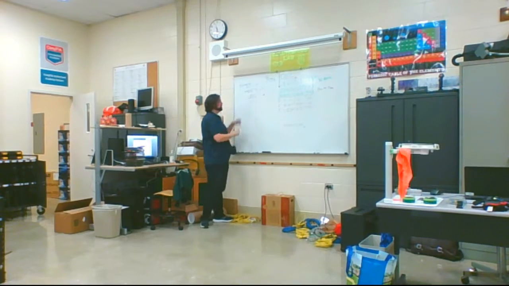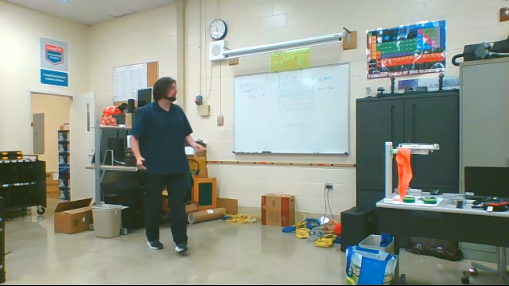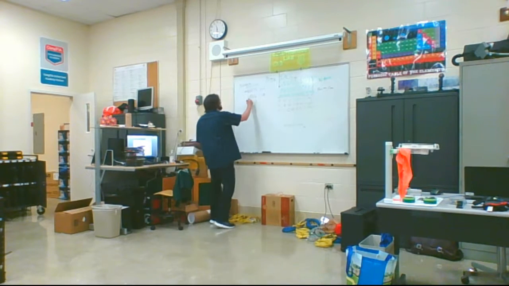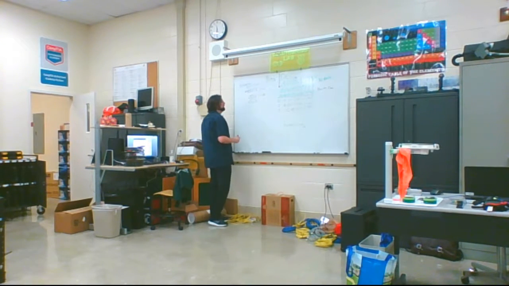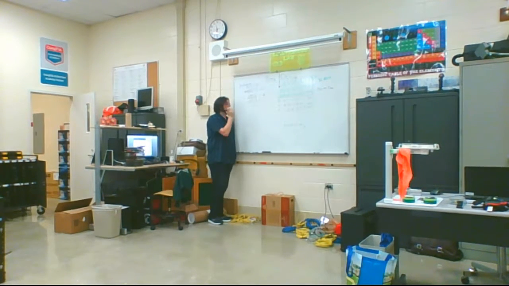There is no remainder. Okay? What's 103 divided by 2? 51, remainder 1. 51 times 2 would be 102. So remainder 1. Now 51 divided by 2.